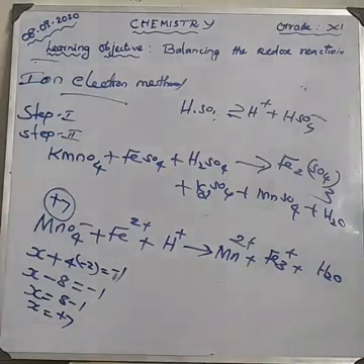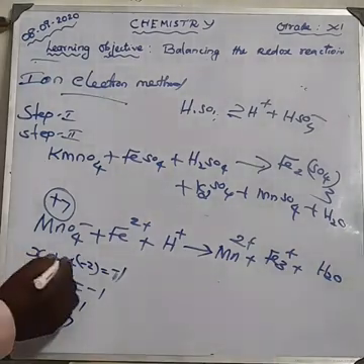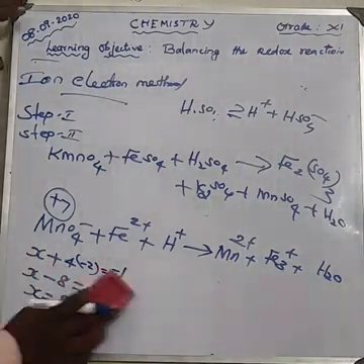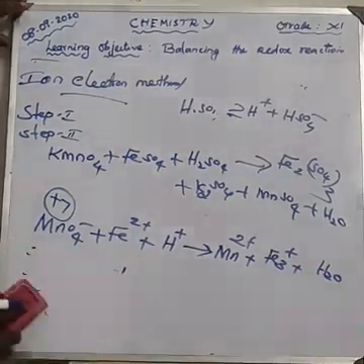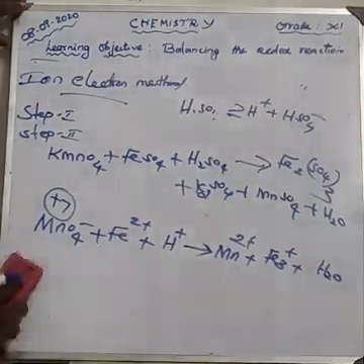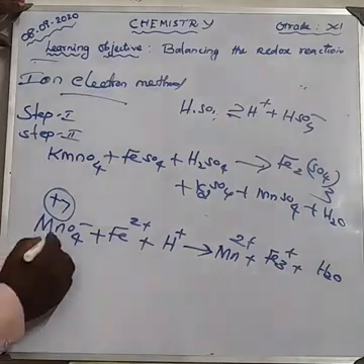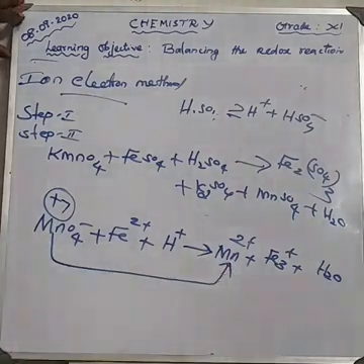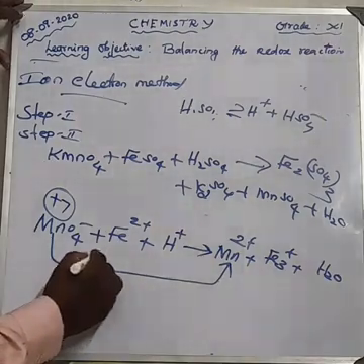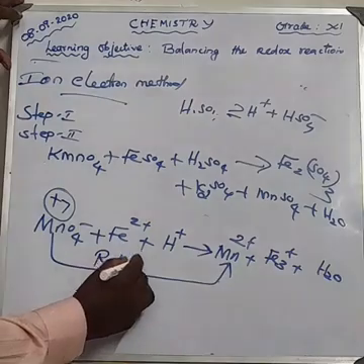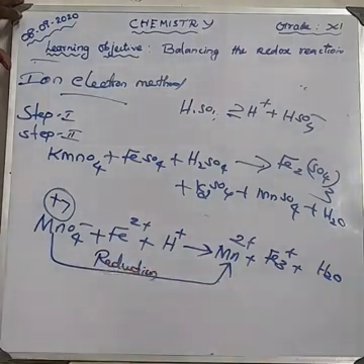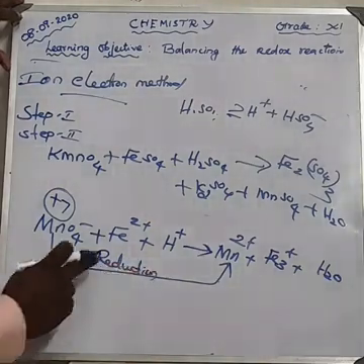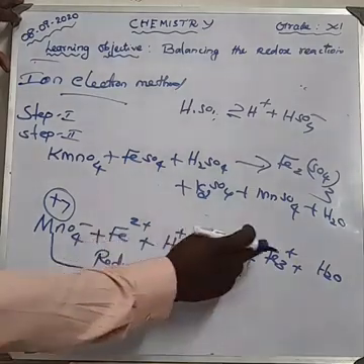Here the MnO4 minus ion is reduced to Mn2 plus. Am I right? So the value is decreasing, so it is called reduction. Here Fe2 plus is converted to Fe3 plus.